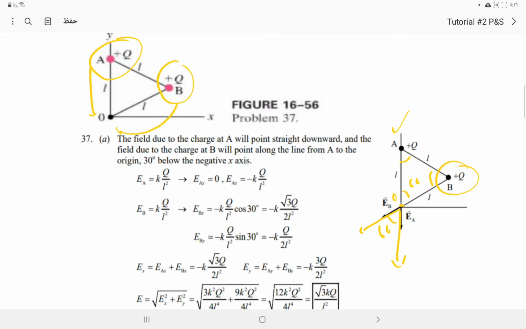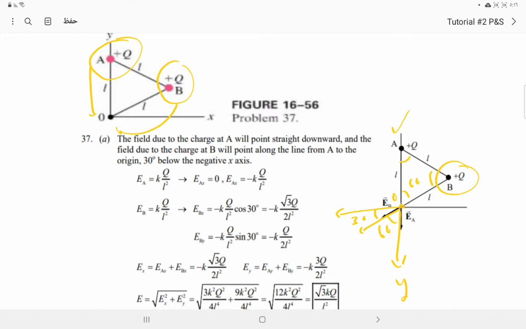If this is 60, that means this is also 60. If we complete this a little bit like that, we know that this will be 30 degrees. Now we have EA, which is going down in the y direction, so no problem with that. But we have a vector that has two components.